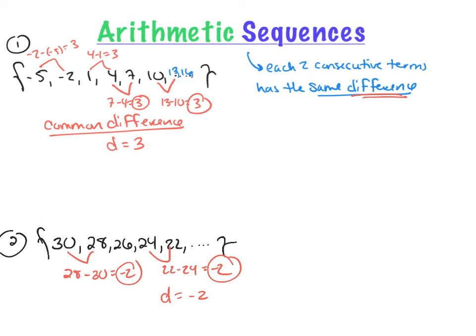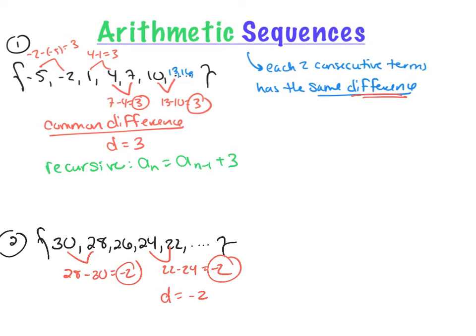Now, one thing that we need to do with sequences very frequently is write a formula for the terms of our sequence. And we could write a recursive formula for a sub n, because each term, you just take the term that came before it and add 3 to it.